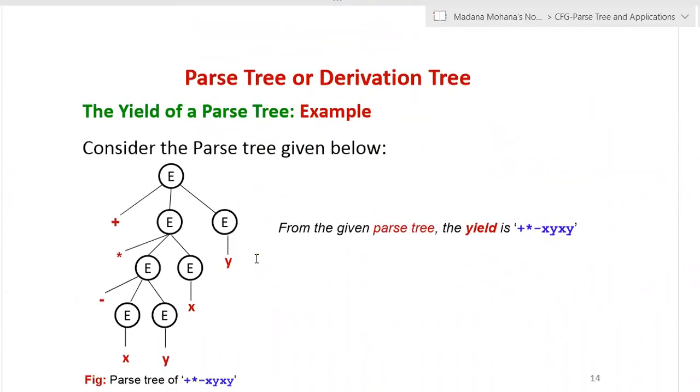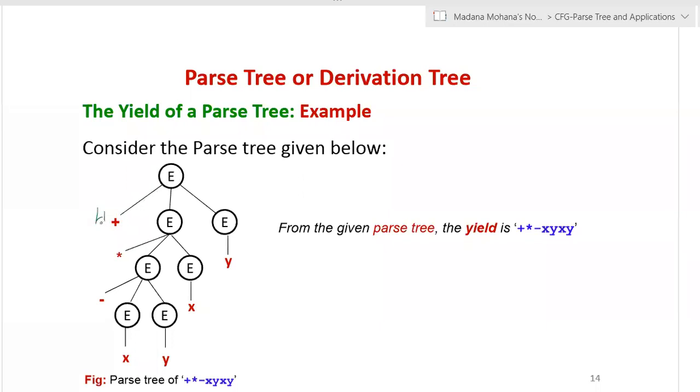Now in our previous examples, you can take any derivation tree or parse tree. Suppose consider the parse tree given below. Here the yield of this parse tree is obtained by reading the leaf nodes from left to right. First you must start with the root.